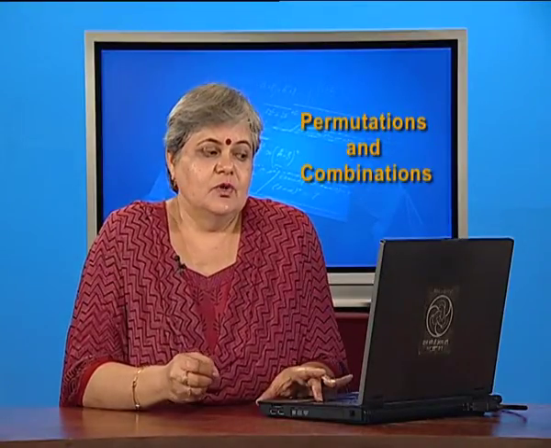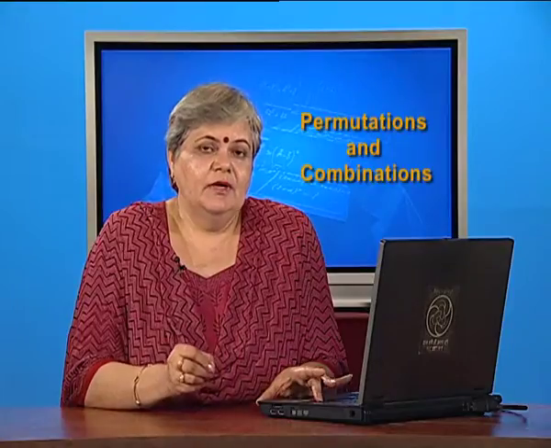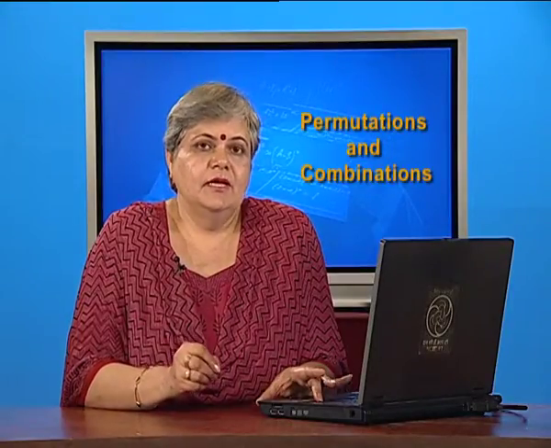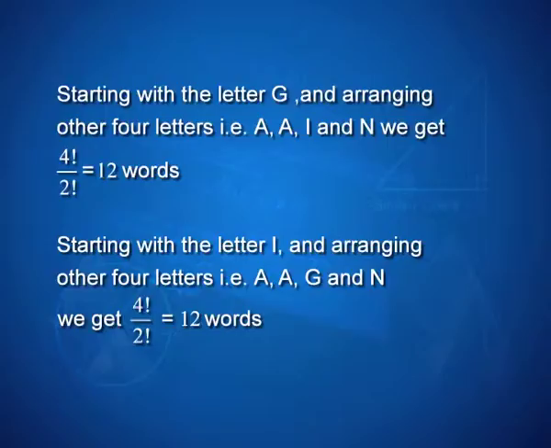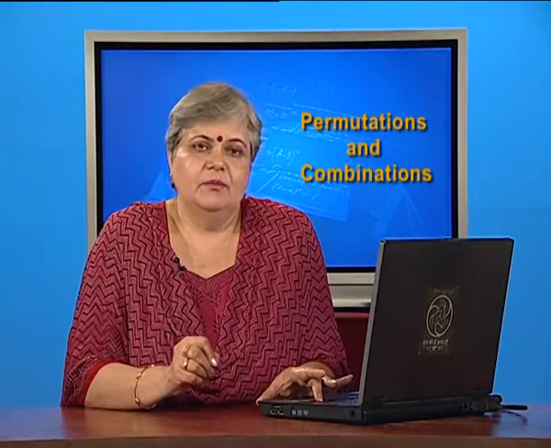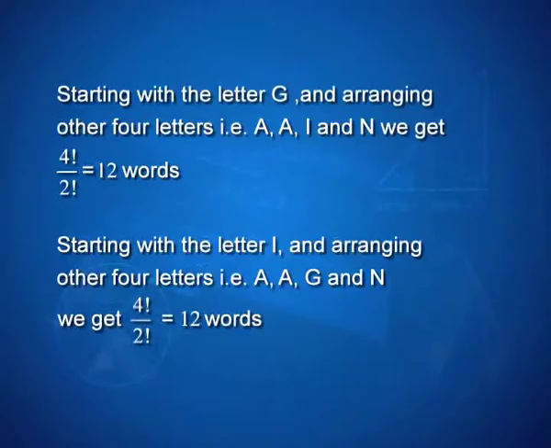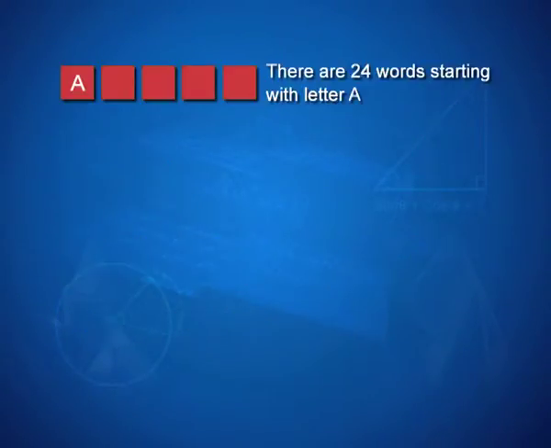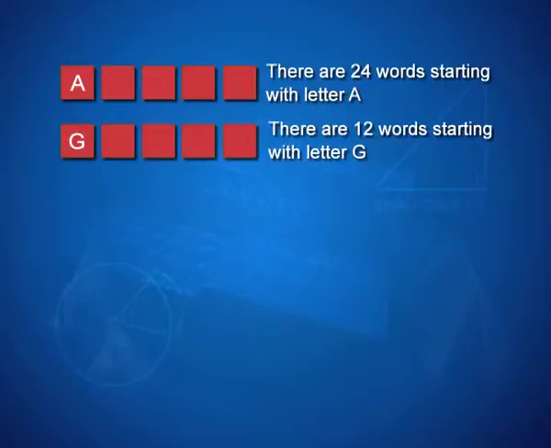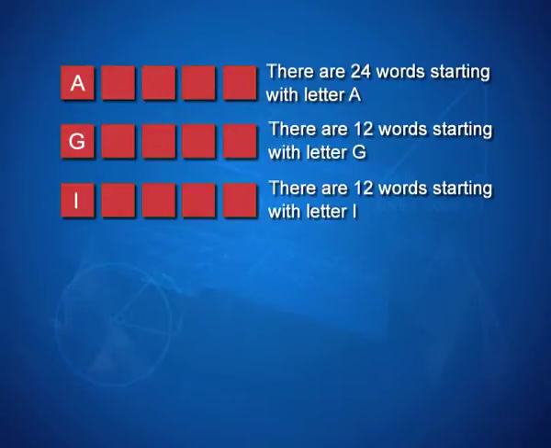So, I have 12 different words with the letter G. If the first letter now is I, similar to what happened with G, I have 2 A's, G and N to be arranged, which can be done in again 4 factorial by 2 factorial ways, giving rise to 12 such words. So, with A I have 24 words, starting with G I have 12 words, and with I in the first place I have 12 words again.